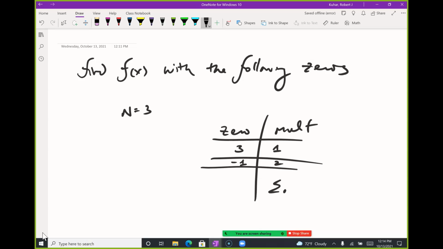The sum of the multiplicities should equal n every time. That's not true. Sorry. Well, it is true if I consider complex zeros. But for our test, it will be equal. The sum of the multiplicities will be equal to 3 if it's a polynomial of degree 3. I'm not giving any complex zeros on our test. Cindy, go ahead.